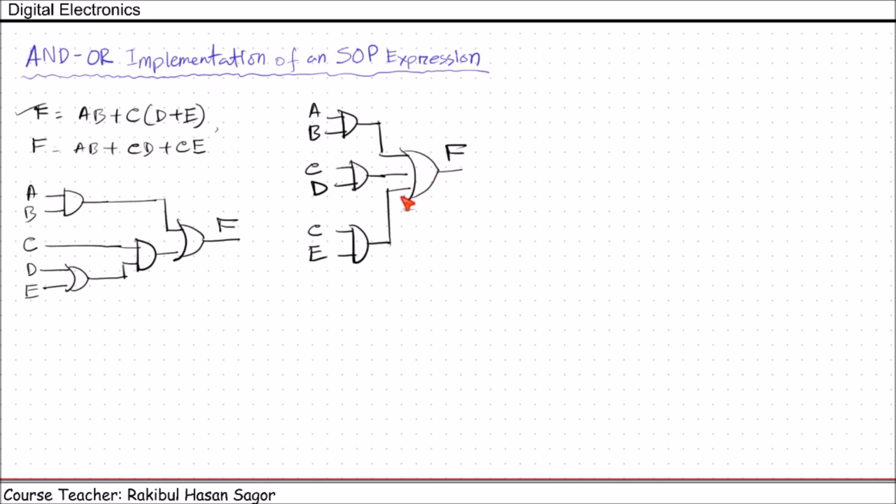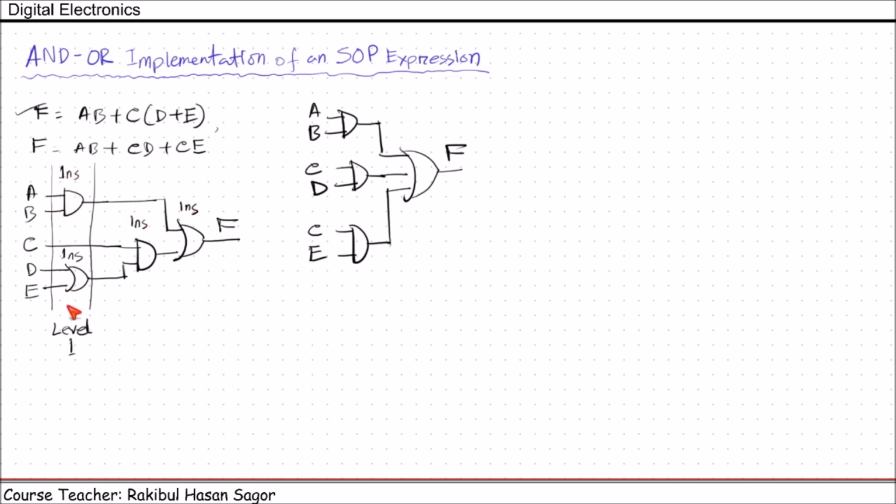Now, what is the difference between these two implementations? First of all, here we have a 3-level circuit implementation. How? This is level 1. Level means whenever we give the input, each gate requires a certain amount of time to provide the output. Suppose each gate takes 1 nanosecond to provide output.